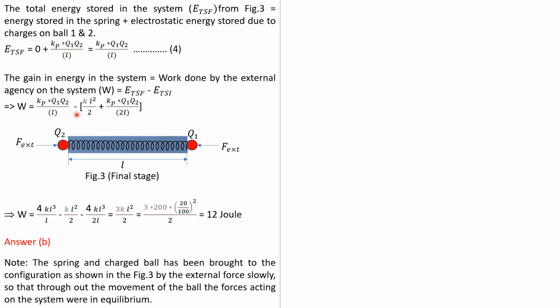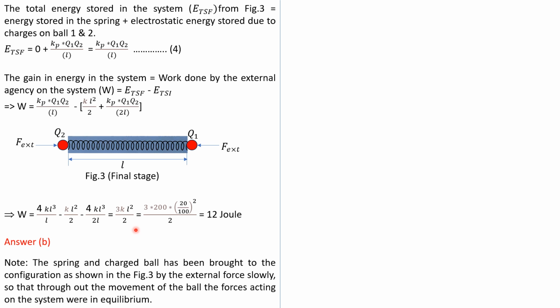So Kp into Q1 Q2 divided by L minus this. Put the value of Kp into Q1 into Q2 and replace it with 4KL cube. You will be getting 3KL square by 2.